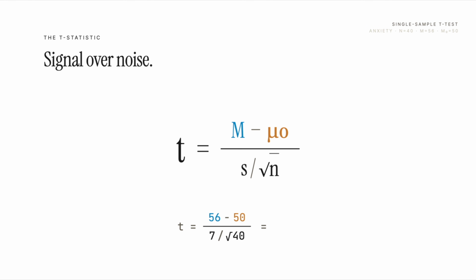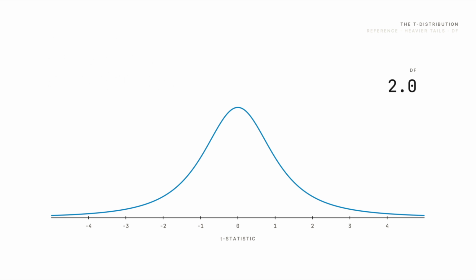Where M is your sample mean, mu-zero is the hypothesized reference value, s is your sample standard deviation, and n is your sample size. If the t-statistic is large, meaning the observed difference is large relative to the noise, that's evidence against the null. If it's small, the observed difference is the kind of thing you'd often see just by chance. That's not much evidence at all.